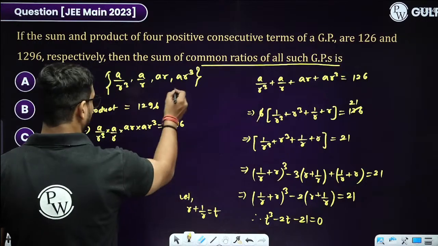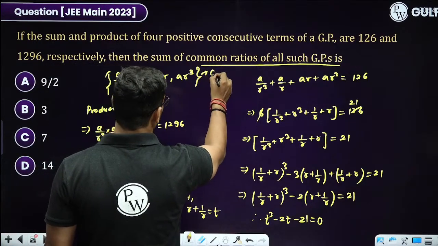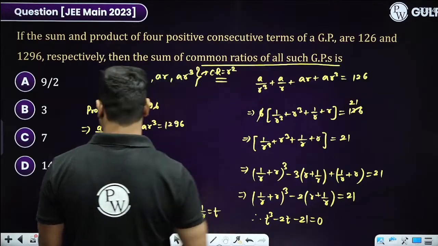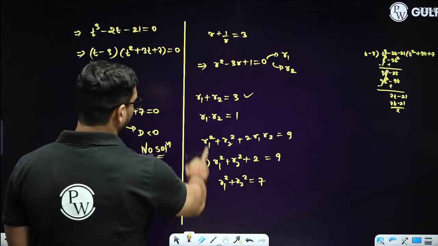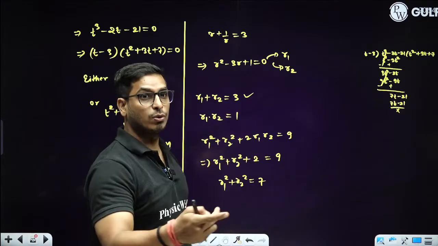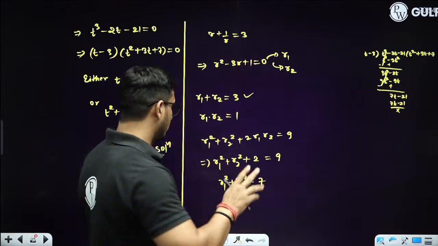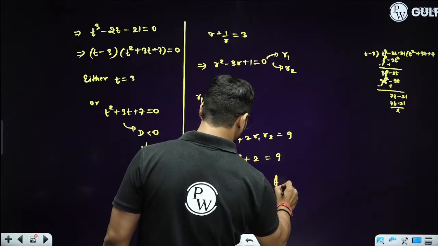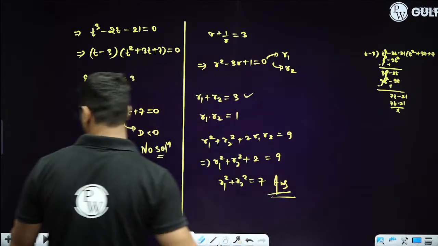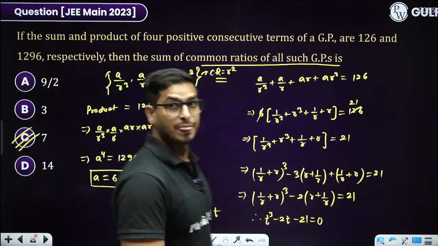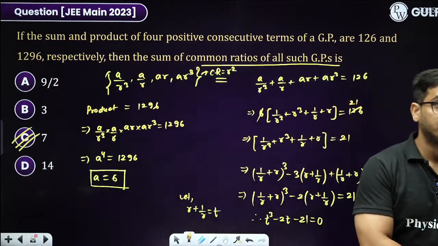Common ratio from here should be r square. And here what do we have? We have r1 and r2. So we have to find r1 square and r2 square. That is why 7 is the answer. Any doubt? No, sir, no doubt.